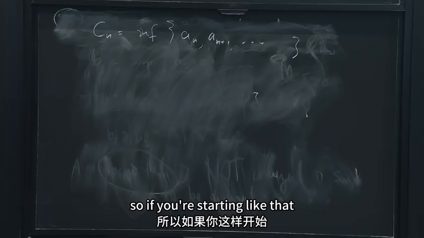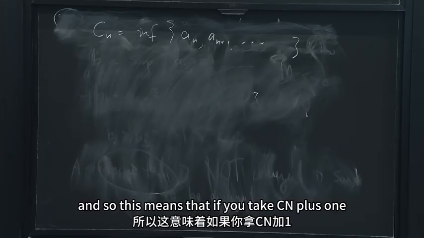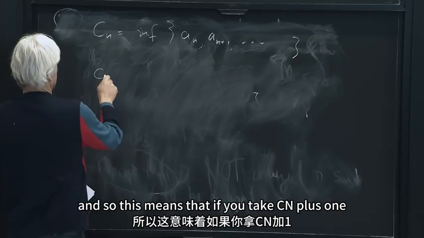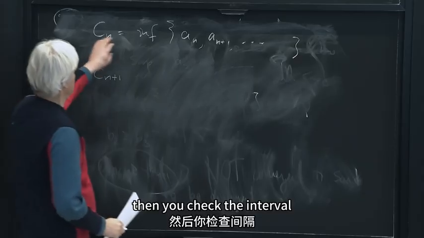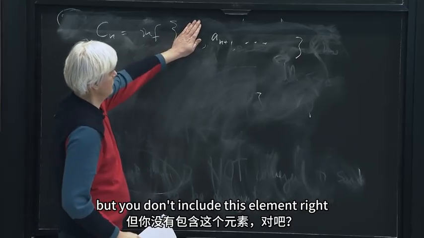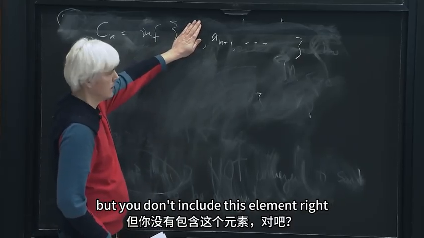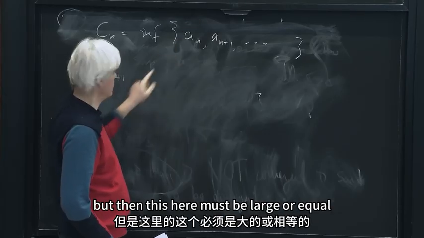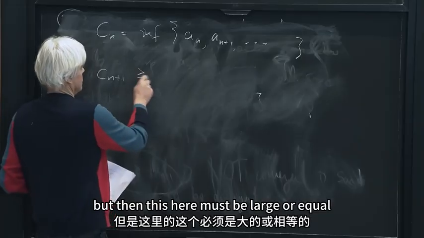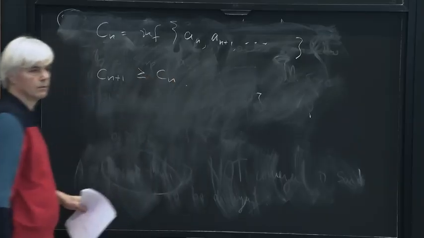So it'd be starting like that, and so this means that if you take Cn plus 1, then you take the infimum, but you don't include this element, right? So it's an infimum over fewer elements, but then this here must be larger or equal, right, to that.